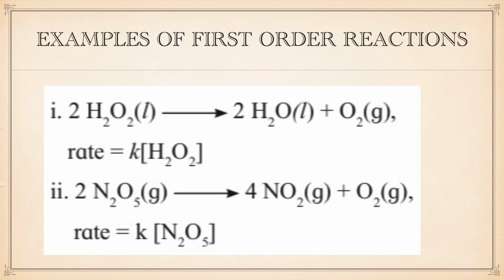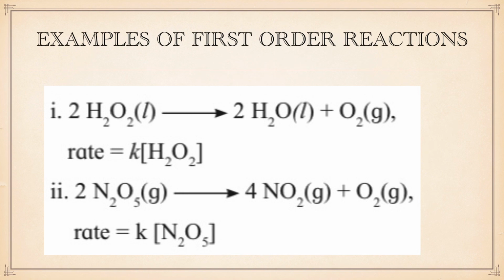So the first one is the decomposition of hydrogen peroxide. Over here you can see the reaction. It is 2H2O2 going to 2H2O plus O2. Over here the rate is given by, rate is equal to k molar concentration of H2O2 raised to 1. Therefore it is referred to as what? The first order reaction.